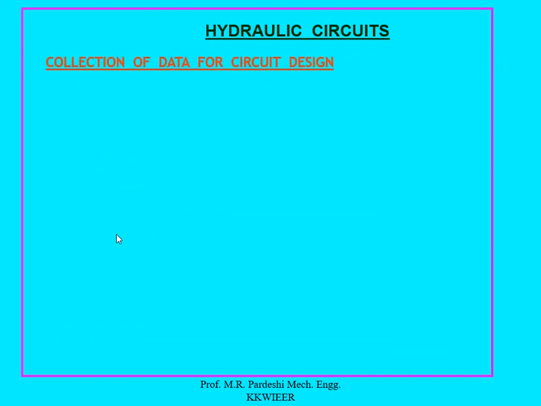So while designing any hydraulic circuit, what should be the collection of data for designing any industrial circuit? The first step is to know the details of cylinders, means which type of cylinder we need to use and what dimensions we need to use, and depending on the force applied we have to choose that particular cylinder.